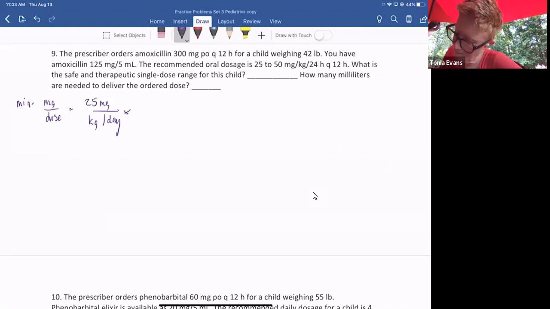All right, so we've got milligrams. 1 kilogram is 2.2 pounds. 42 pounds is our patient. And we have 1 day is 2 doses.